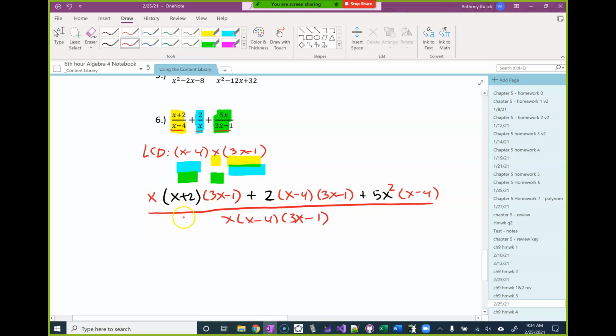So I'm just going to FOIL these things out to start with. So x plus 2 minus 1. I'm just going to kind of do that in my head if that's okay with you. Minus 12, minus 1 is minus 13.